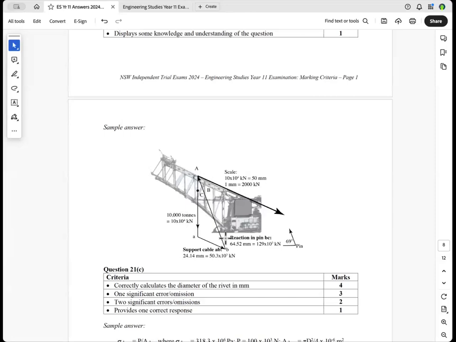And then all you have to do is measure that angle there, and you get the angle of the reaction in the pin. Make sure you put the point of application there, the pin, and the sense and the direction, which is shown by the angle, and again provides one correct response, which could be Bow's notation.